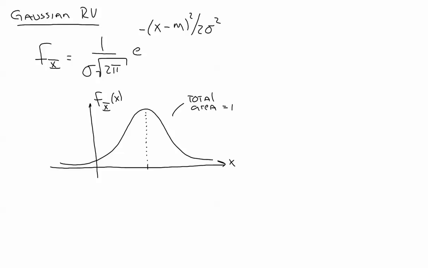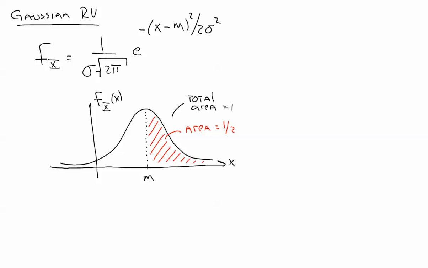This Gaussian probability density function is symmetric about the value m, and due to the symmetry of this probability density function about m, I know the total area is 1, so the probability that random variable x takes on a value greater than m, this red hatched area, is a half. The total area is 1.